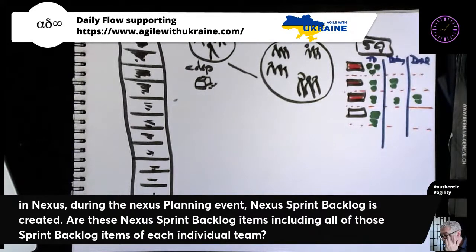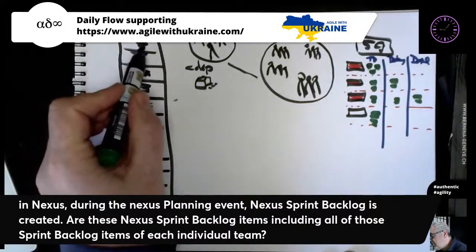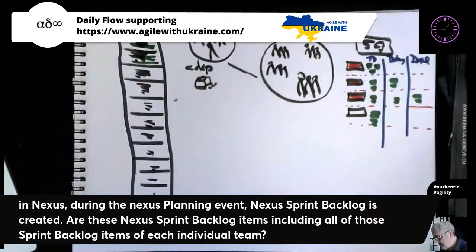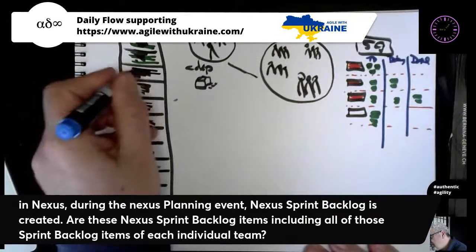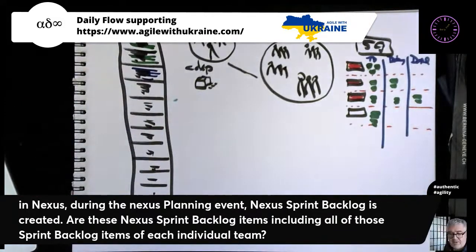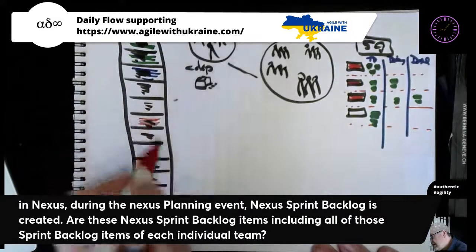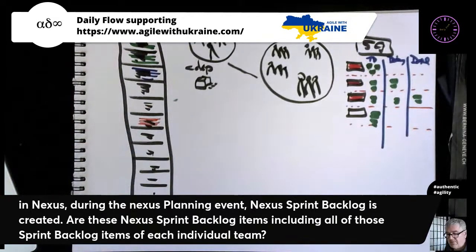So when the Nexus integration team is at the start of Nexus Sprint Planning, what might happen is maybe team 1 says, we think we can do these ones, and maybe team 2 says maybe we can do this one, and then maybe team 3 says, well, actually, tactically, we think we can do this one, and maybe I'll keep it at that.